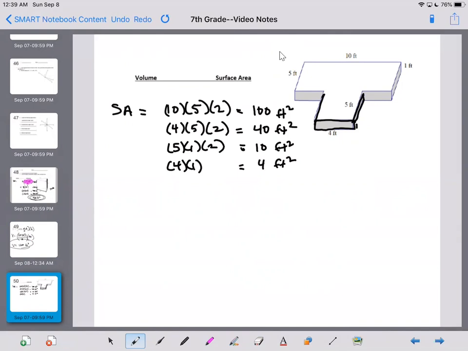And then over here, since this is 4 and this is 10, the difference in that is 6. So we know this is 3 and this is 3. And that height is 1. So we've got a 3 by 1, but we have 2 of them. And so that would be 6 square feet.